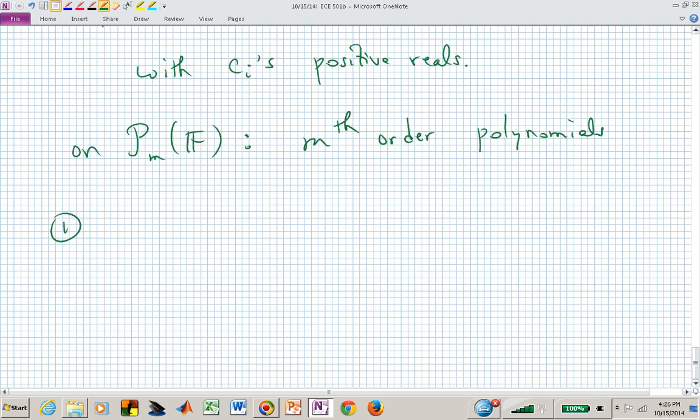One such inner product would be if you had a polynomial p and a polynomial q, you could take the integral from 0 to 1 of p of x and the complex conjugate of q of x, and that forms an inner product on P sub m of F.